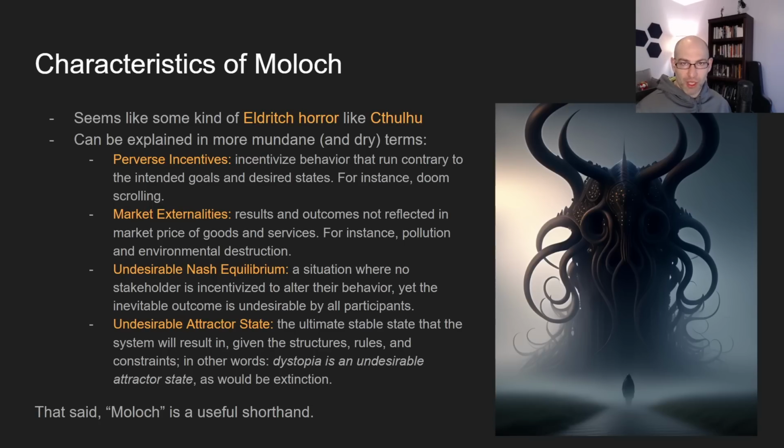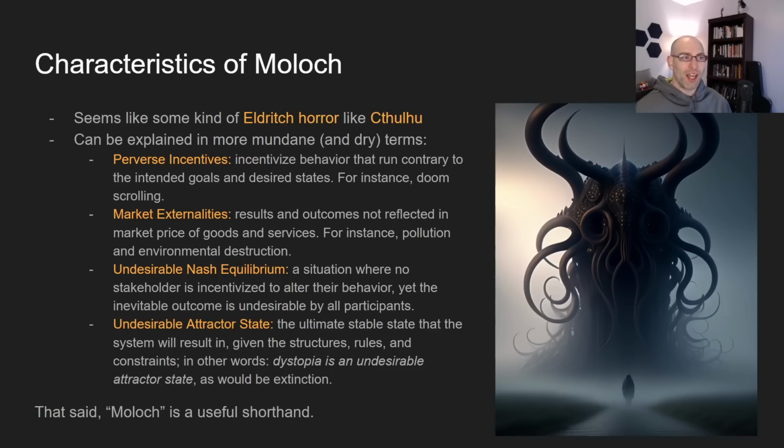So basically dystopia. And then finally, an undesirable attractor state, which is the ultimate steady state or stable state that a system will result in given the existing structures and rules. It's an outcome that nobody really wants, even if that outcome seems inevitable.